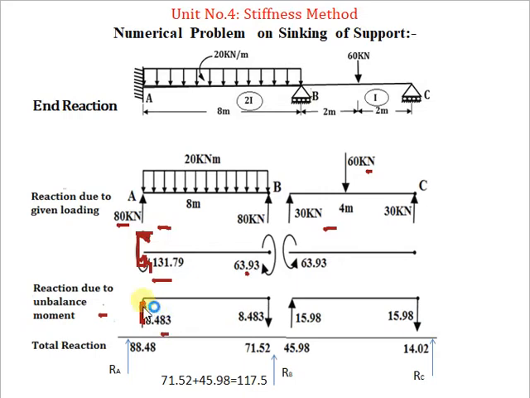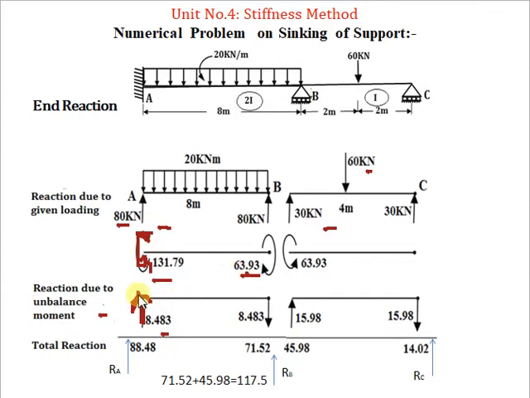Now you have to mark the arrow direction. For that you have to look at the far end, and the far end moment is 63.93 and it is in a clockwise direction. So this moment is lesser than the 131.79. So this reaction should be in upward direction. So when it rotates, it will get added into the 63.93 and it will form the clockwise moment.